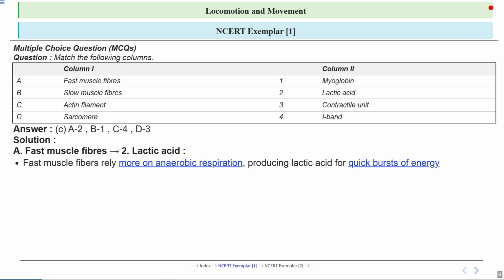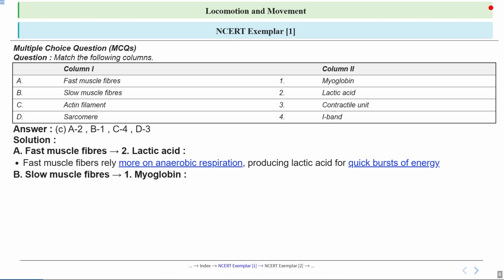This process quickly releases energy for short, intense activities like sprinting, but it also creates lactic acid as a byproduct, which can cause muscle fatigue and soreness. So this makes fast muscle fibers ideal for quick bursts of energy, but less efficient for prolonged activity. So that's why A is matched with 2.